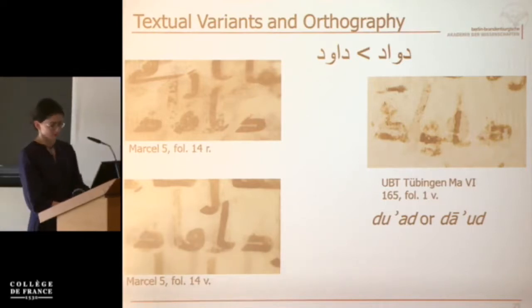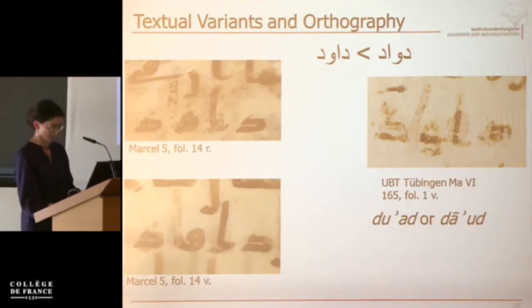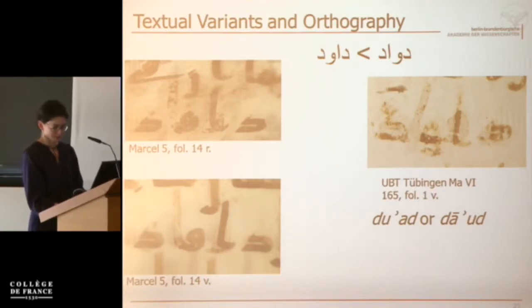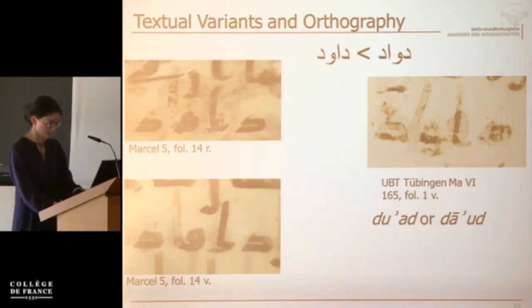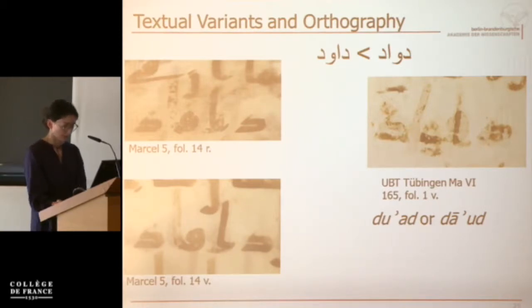Now I will come to the conclusion. As we could see in the examples, in the spelling of the early Quran manuscripts, long vowels and hamza are affected mostly, and already in the Aramaic orthography and in the pre-Islamic inscriptions we have the defective writing of long vowel a.